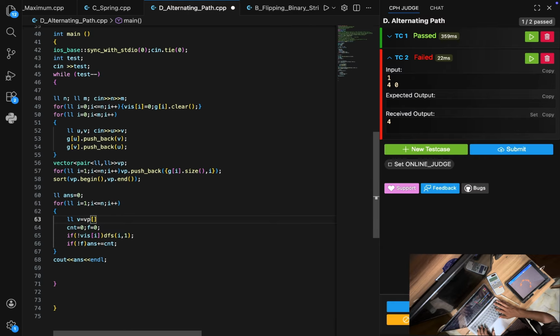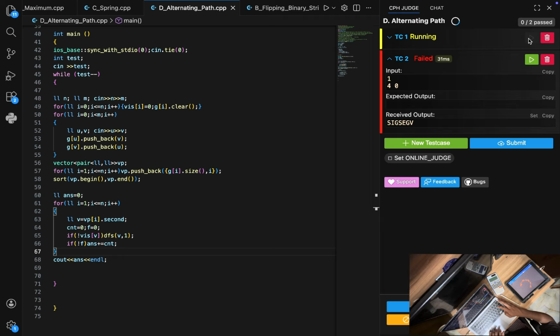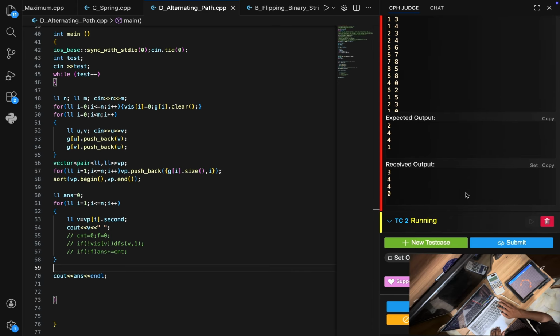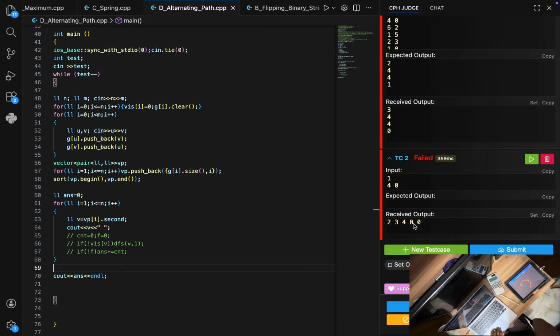It will be equal to v, either second. So it's going to be v, yeah. Why is it printing 00 at the end?